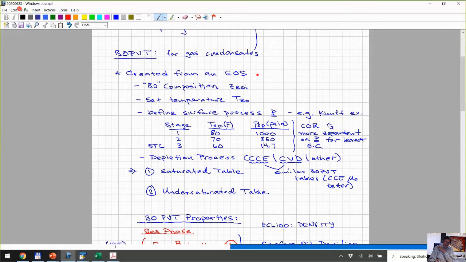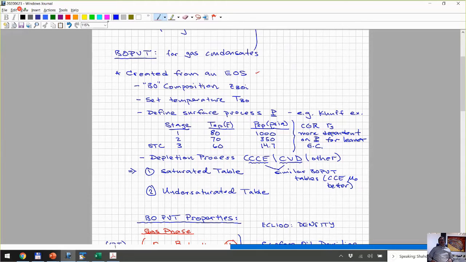Exactly, because you still need to introduce a separator to create your Blackwell table. But even if I do a separator test, I get different GOR or CGR with the two different packages. So there's something else other than CCE versus CVD, there is a problem. Could be other factors affecting.